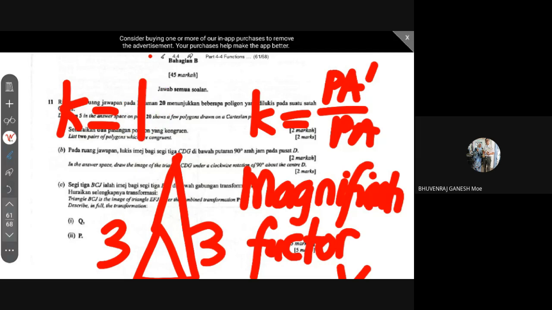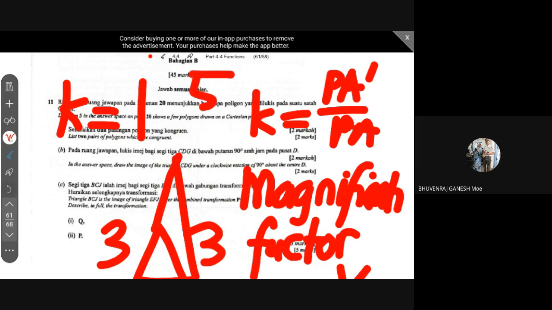K is 1, I also confused. If k is 1, oh my god, I'm teaching you all wrong things now. If k is 1, is it the same or not? If k is 0, it's a different case. Yeah, same, correct. It means it's like 5 over 5. That's how you get 1, right?